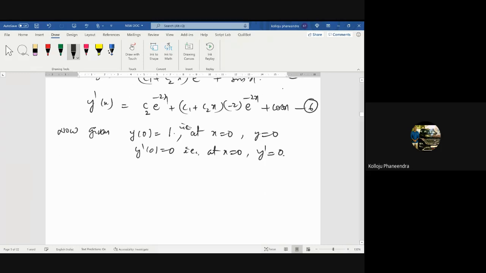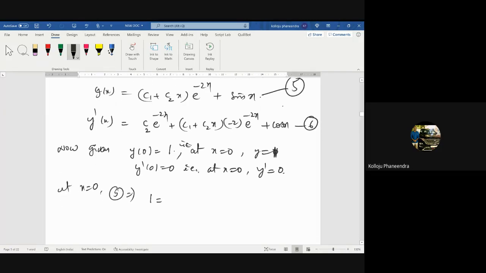Now at x equal to 0, equation 5 implies y of 0. What is that value? Y of 0 is 1. So 1 equal to this 5. In this one, I have to put x equal to 0. C1, that's it, plus 0. So C1 value, I got 1.